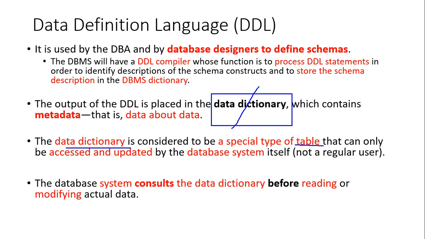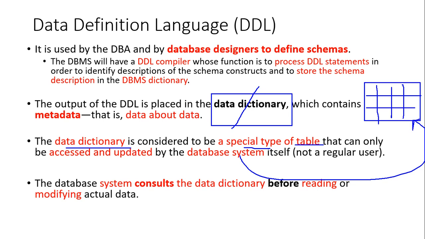Hope everybody is familiar with the table. A table is nothing but something that consists of rows and columns. It is also a table, but it's a special type of table that is generally used by the system. It is not used by us who are using the data. We use the data, but not the data about the data.